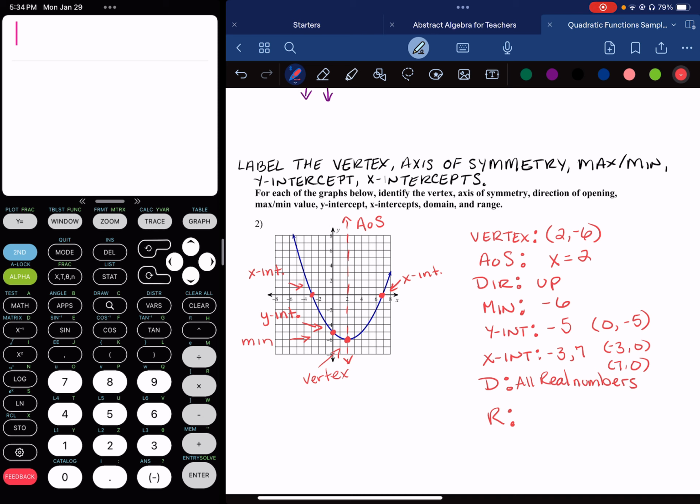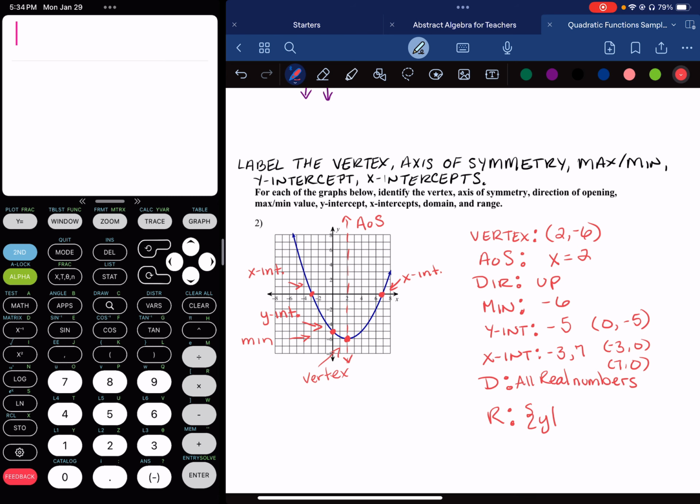Range, on the other hand, is not all real numbers. Range represents all the possible y values. In this case, because we have a minimum or a maximum value, we have a break in our y values. So when we write the range, we're going to write squiggle braces, y, and then draw a vertical line, and then write an inequality statement that represents where all the y values are.